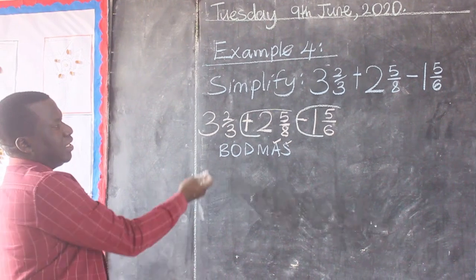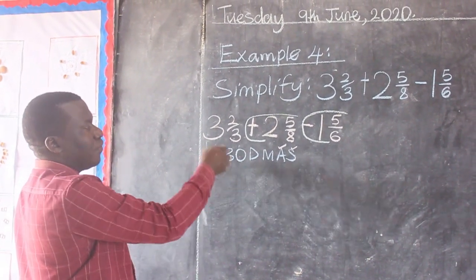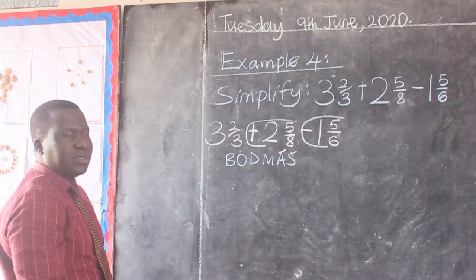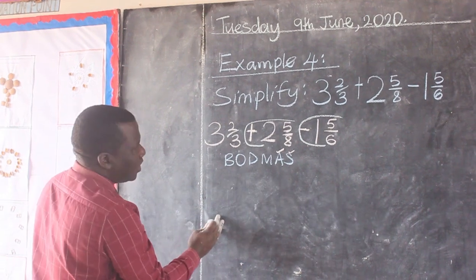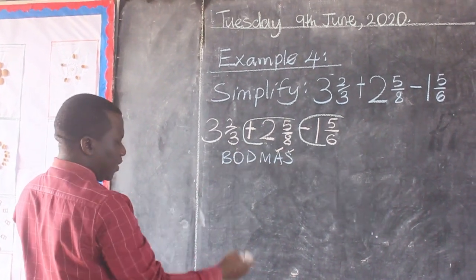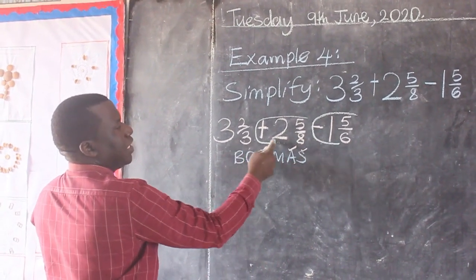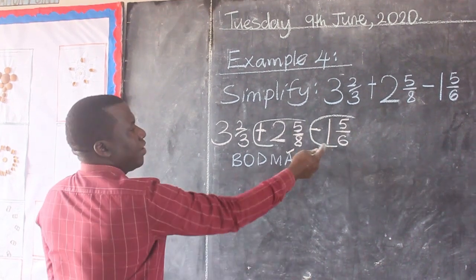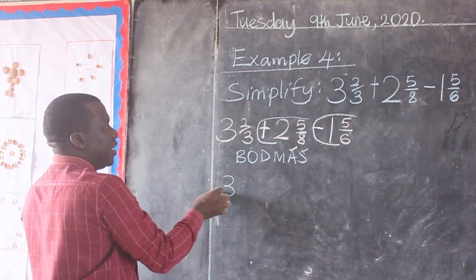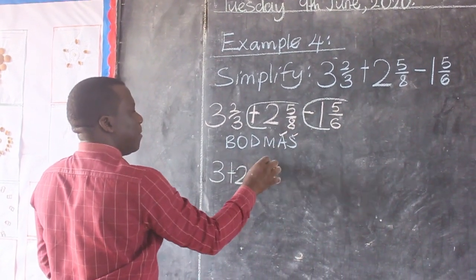So we can see that already this is arranged in the right order of addition first, then subtraction last. So here we shall first deal with the whole numbers, since whole numbers appear in each of the fractions. So we shall say 3 plus 2, then minus 1.